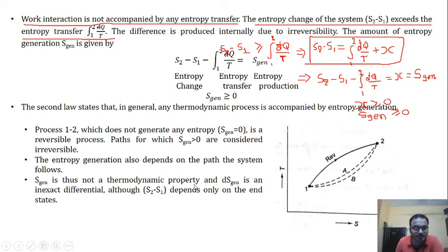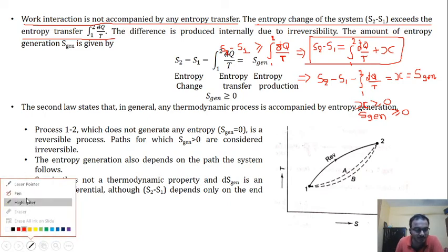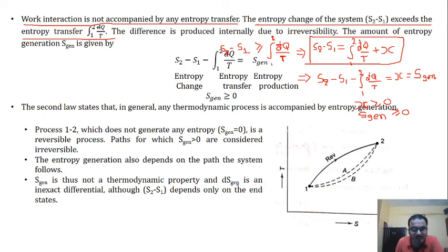So S generation is thus not a thermodynamic property, and d cut S generation will be an inexact differential, although S2 minus S1 depends only on the end state because entropy is a property of the system. So you need to remember this, that entropy is a property of system but entropy generation is not a property of system.